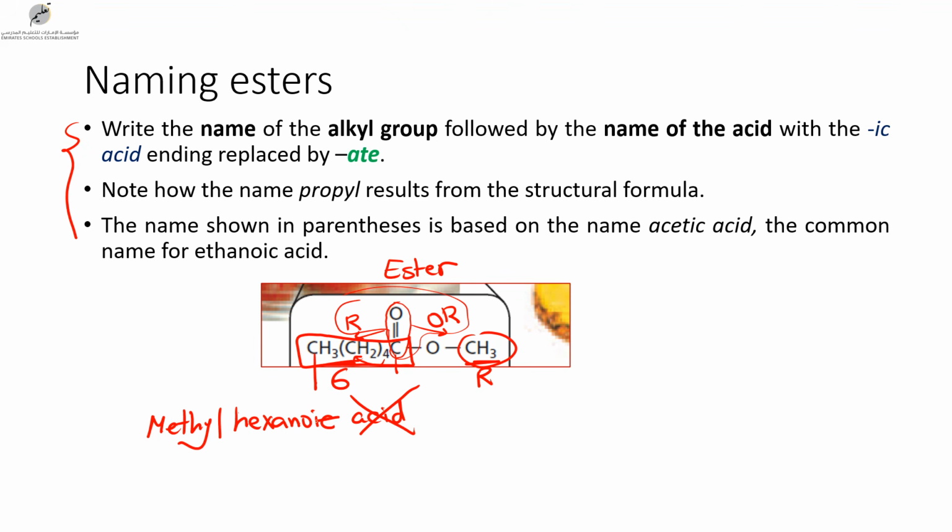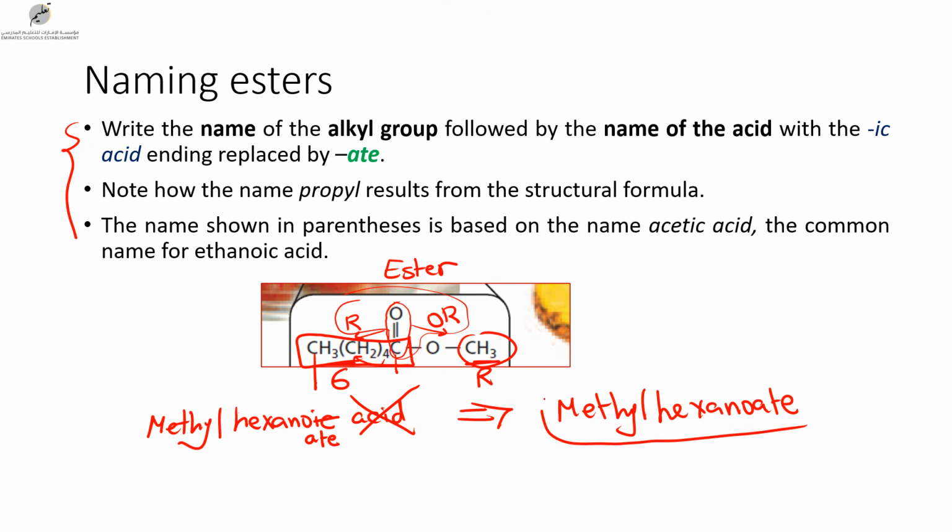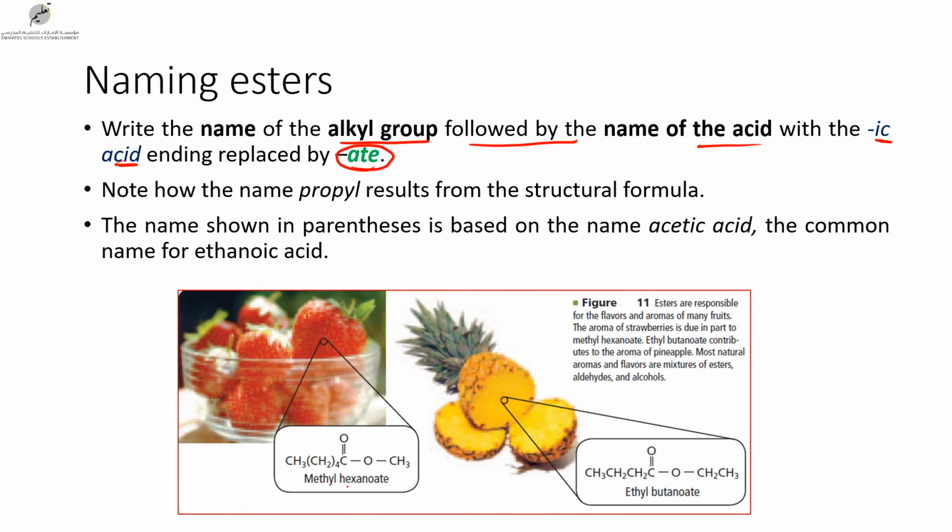So we'll remove IC as well and we'll put ATE. So the final name should be methyl hexanoate. And this is what we have here, methyl hexanoate.